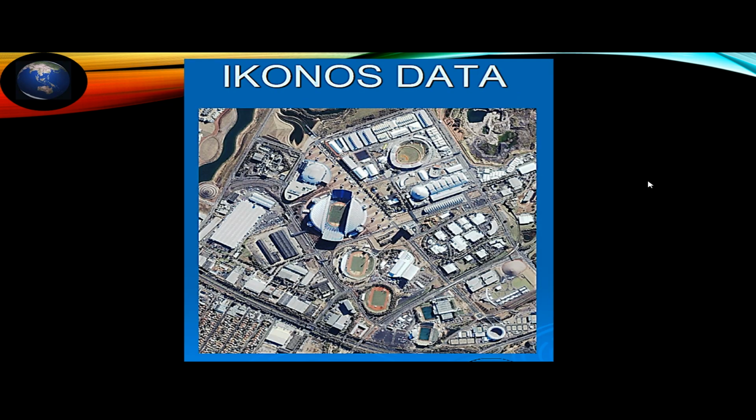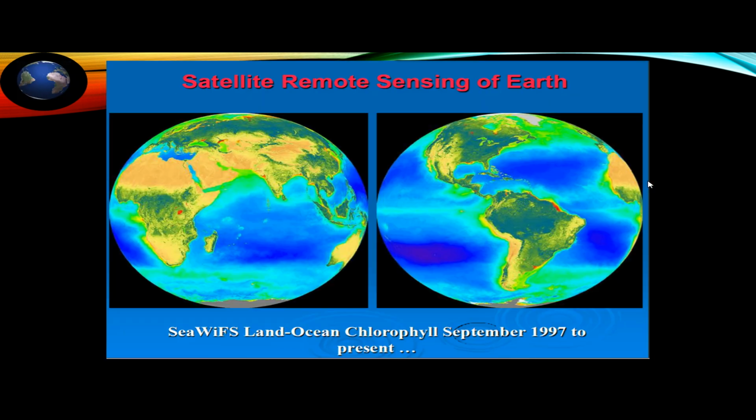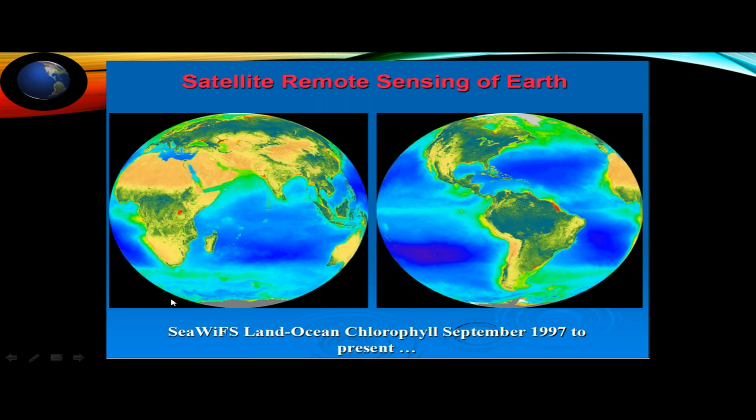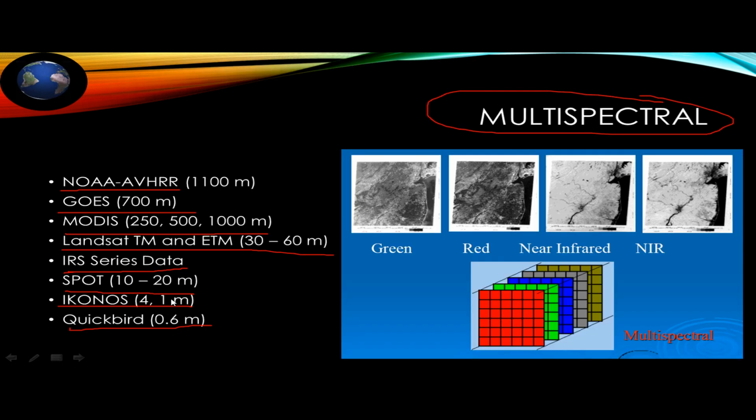This is a satellite image, the IKONOS image. As I told you, IKONOS resolution is around 4 meter to 1 meter. For multispectral it is 4 meter, and for the panchromatic band, which is only a single band, it has a good spatial resolution, which is 1 meter.